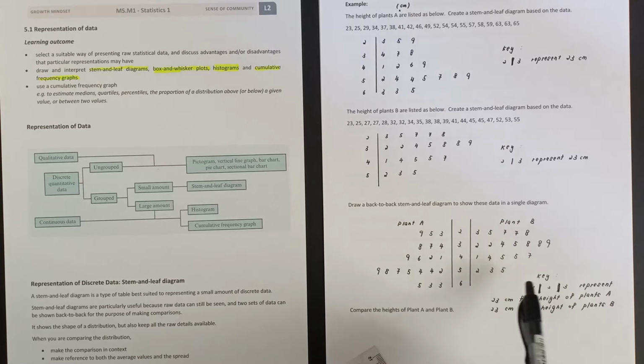The same thing, the 3 in front and 3 at the back, so copy from the first set of data here. Alright, so now compare the height of plant A and plant B.